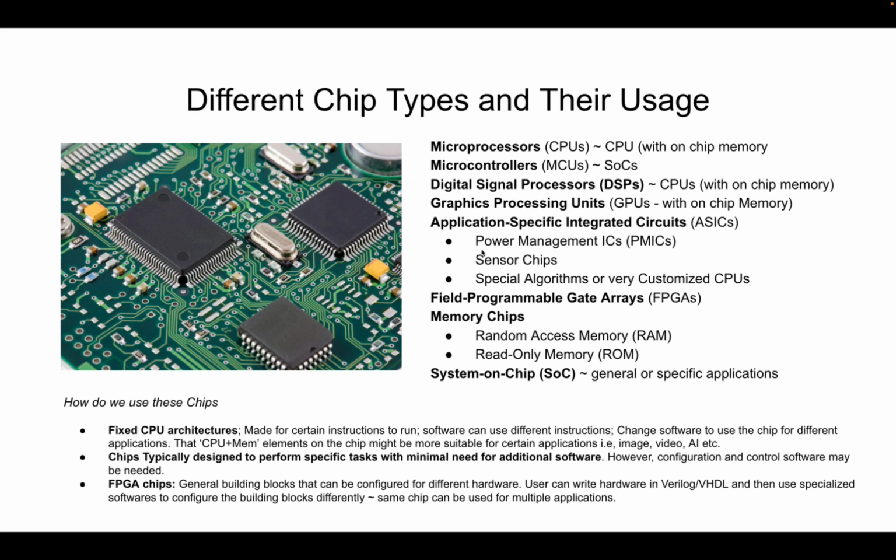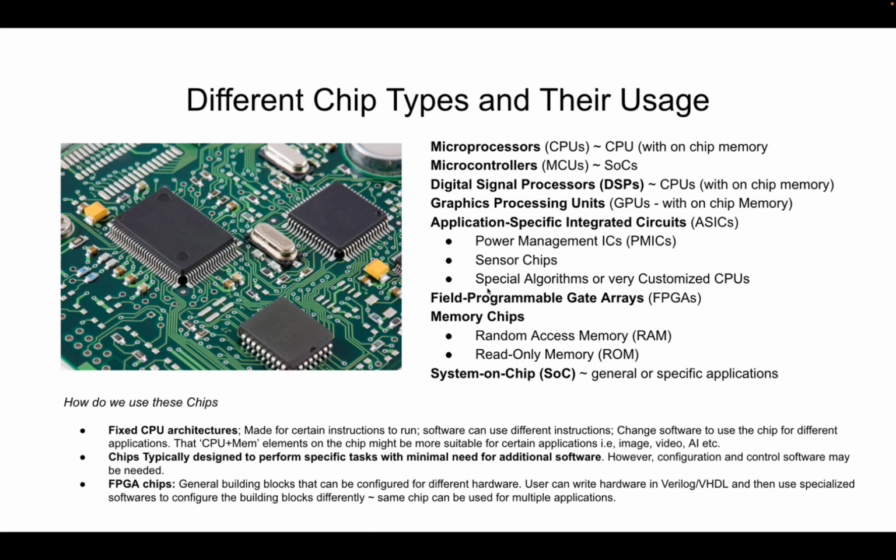For example, power management ICs, sensor chips, or chips where they still have a CPU inside, but that CPU is very customized for a special algorithm or a special domain like AI.